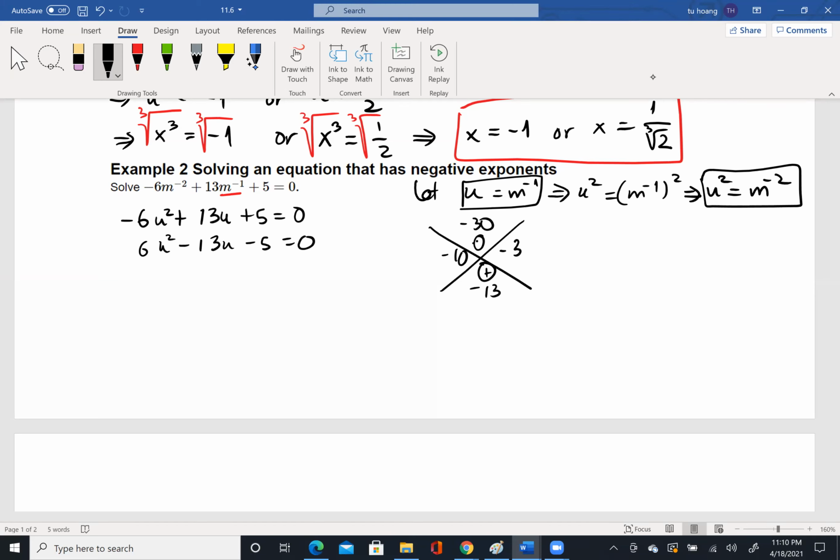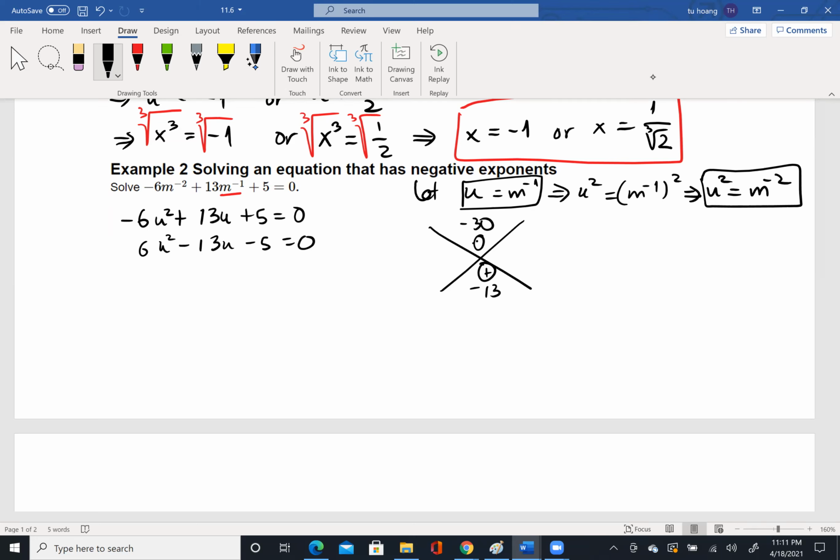Actually, no, it doesn't work because the product is going to be 30. So what is that going to be? 5 and 6 with negative 30 doesn't work.